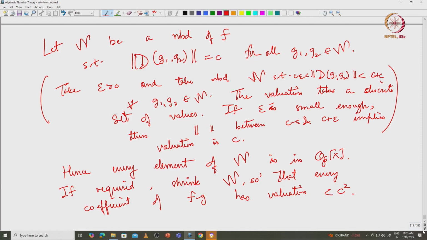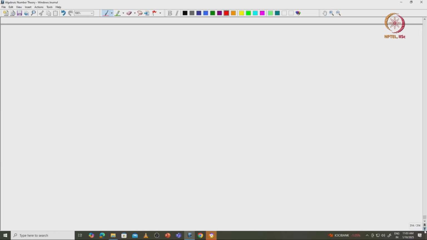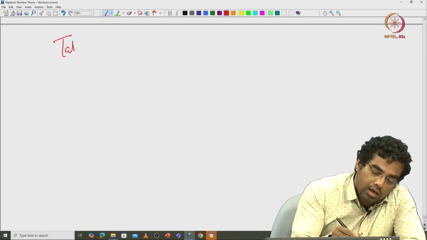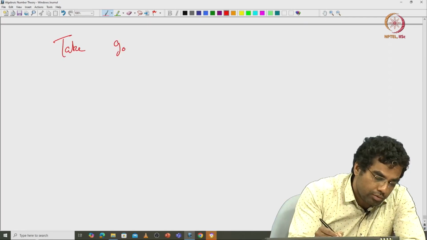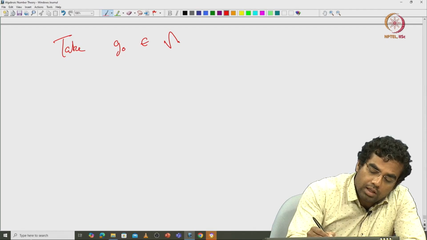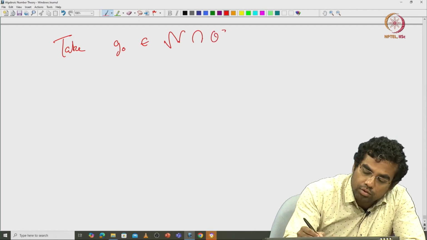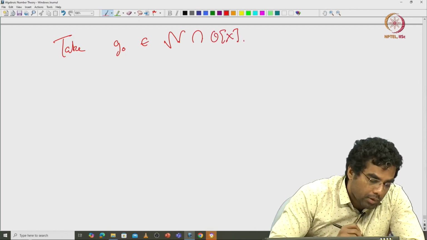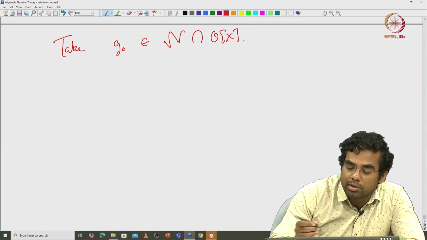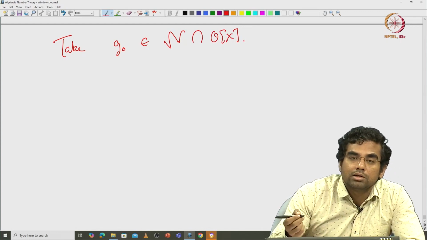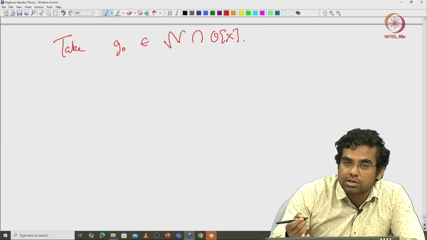Okay, so, now we are finally ready to take our g 0. So, take g 0 to be an element in N intersected with O_k[x]. And why can we do that? I mean, maybe this intersection is just empty.